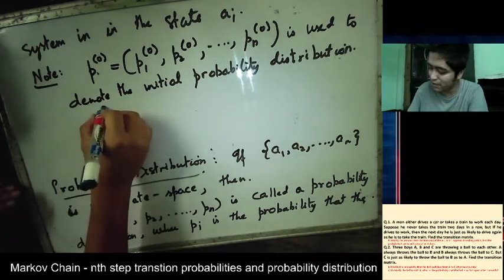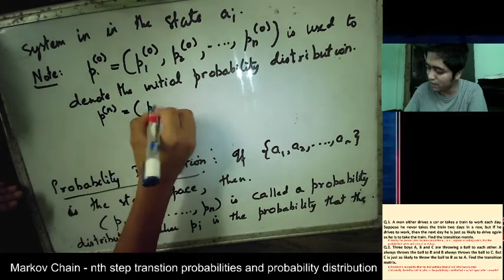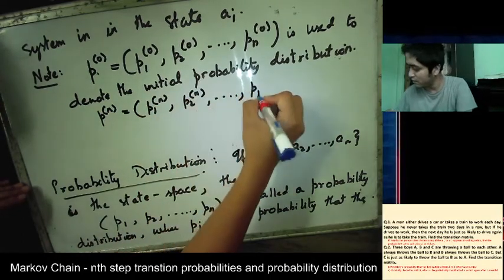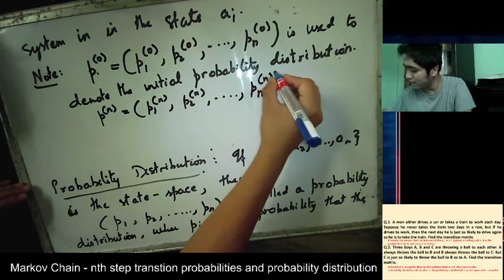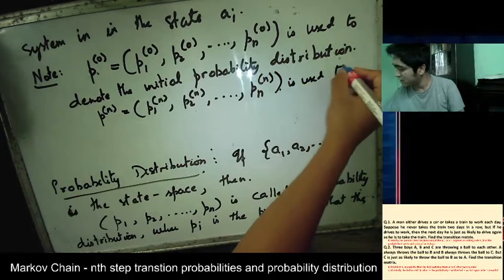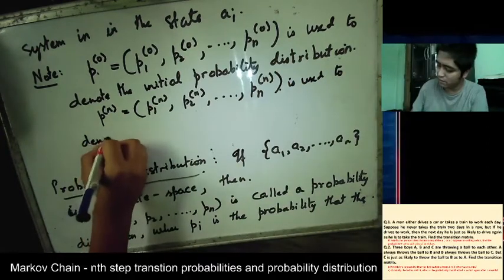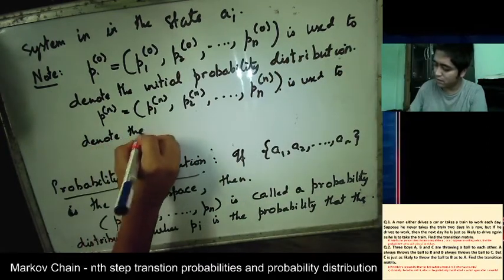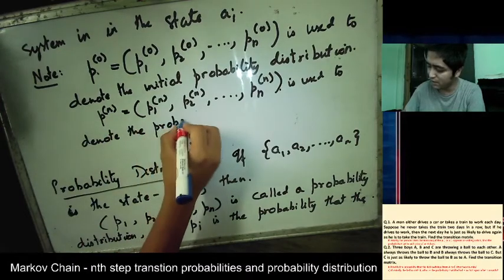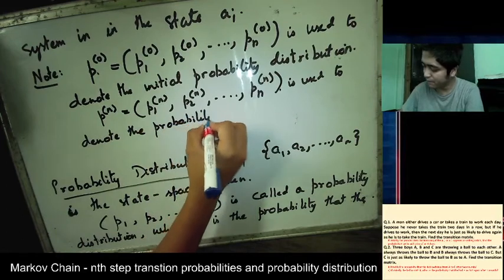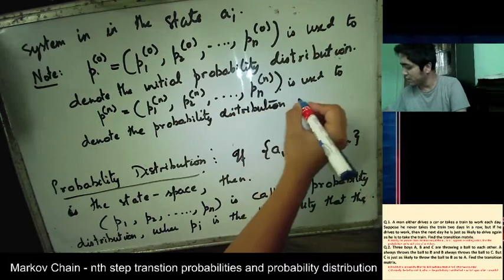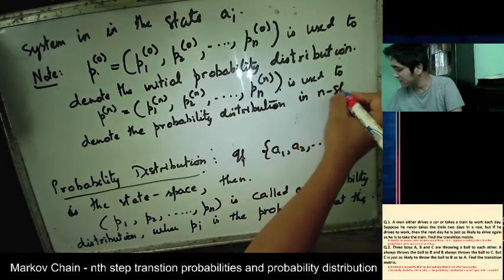Pn, that is P1^n, P2^n, up to Pn^n, is used to denote the probability distribution in n steps.